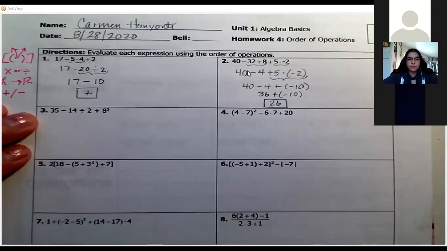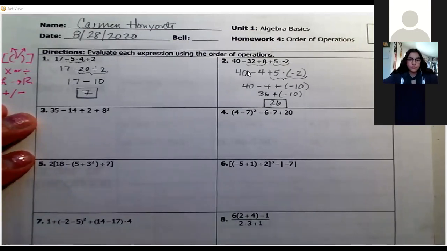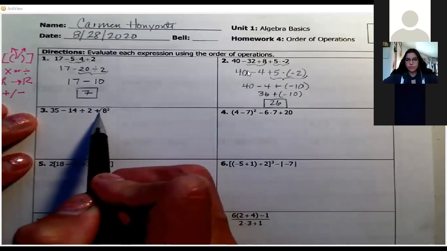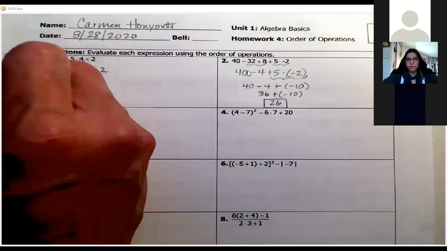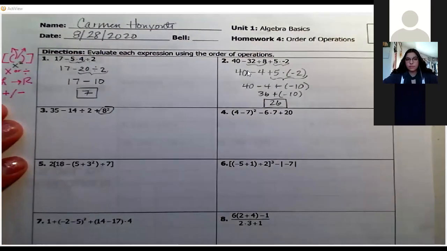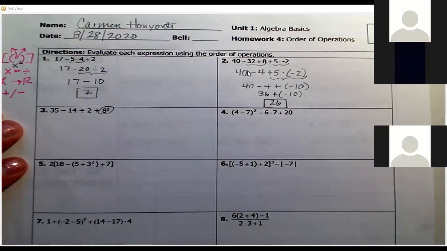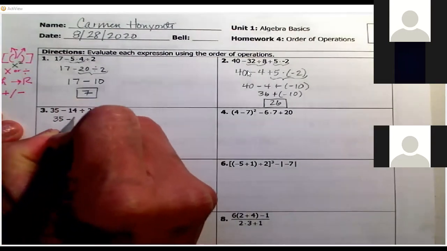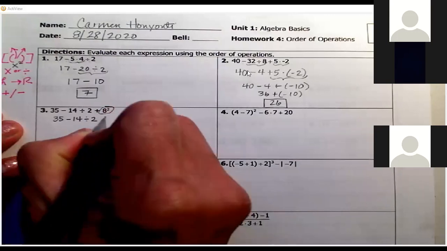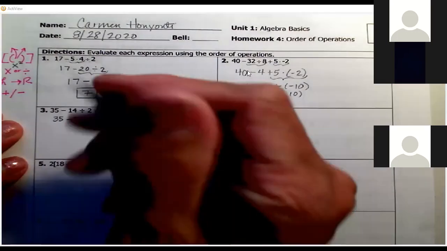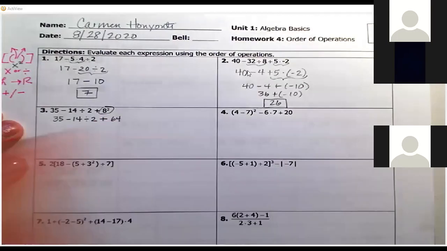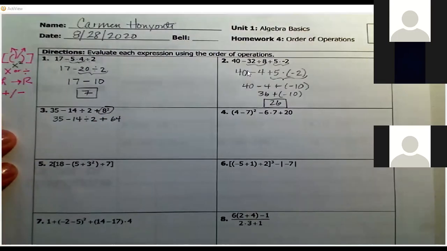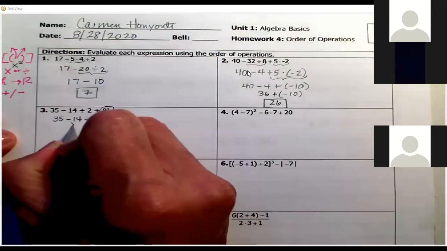In number 3, I want to show you that we do have an exponent. Exponents will go here. I'll put that right there. If we don't have any grouping symbols, we're going to have to worry about the exponent first. After we do the exponent, then we can do multiplication and division. So 35 minus 14 divided by 2 plus 64. Because 8 times 8 is 64. Now I have division.